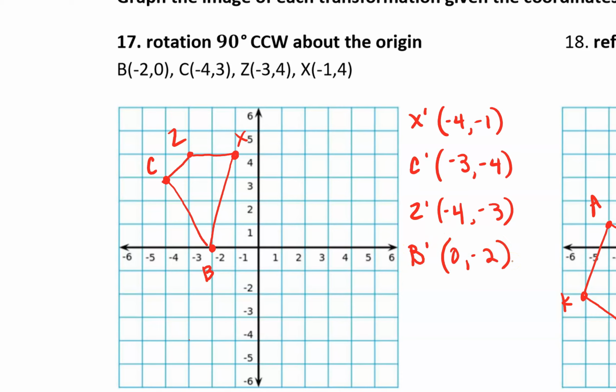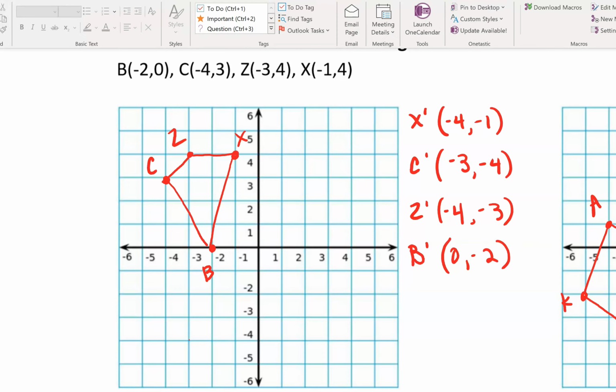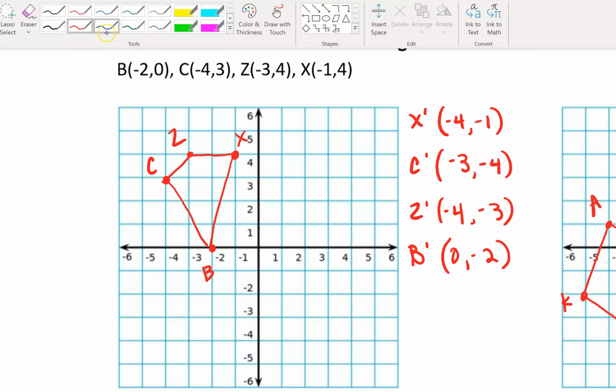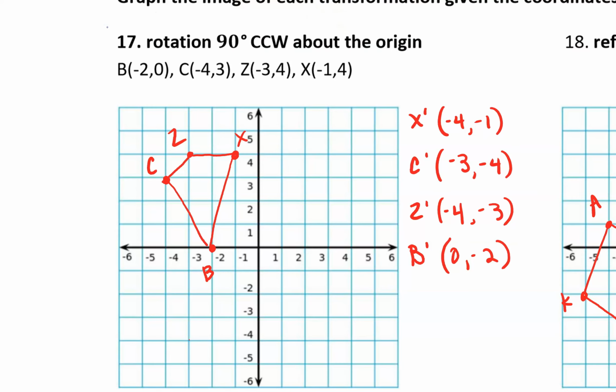Okay, so now I'm going to turn my paper back, sitting straight up, and then I will just plot these points. Let me go ahead and get a different color to plot the points in. So x prime is at -4, -1. Then at -3, -4, c prime, z prime, -4, -3.